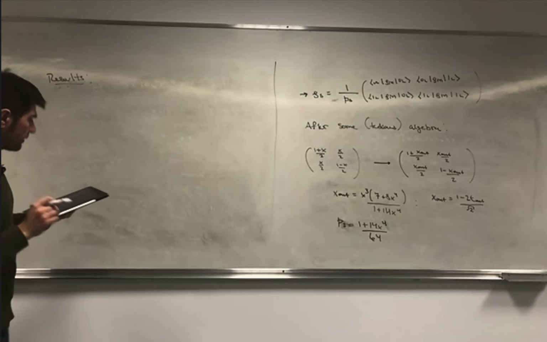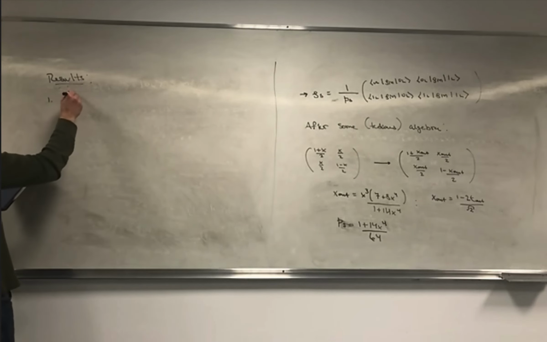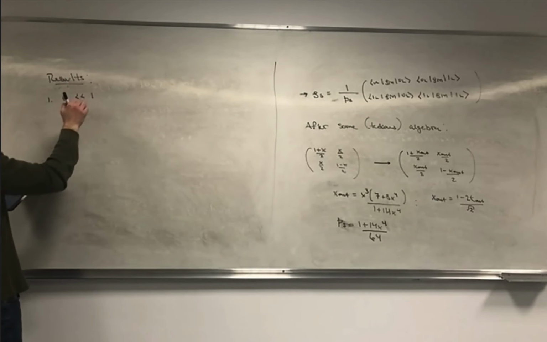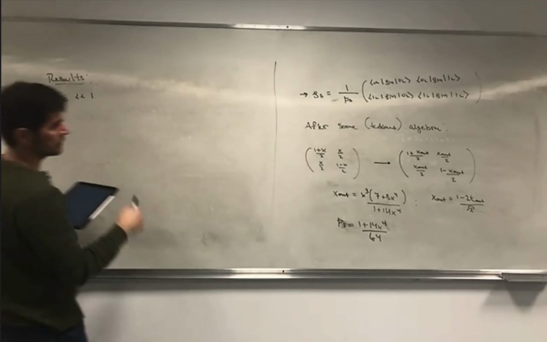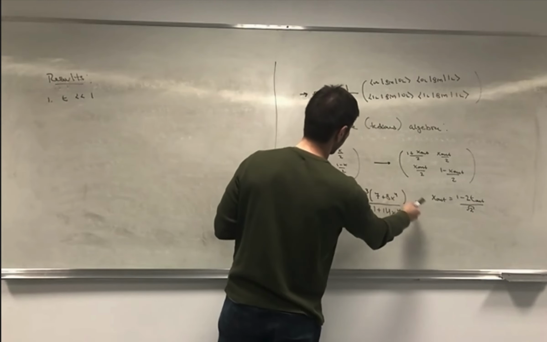So first thing, if the initial error probability epsilon is very small, this is a function of x, which is a function of epsilon.